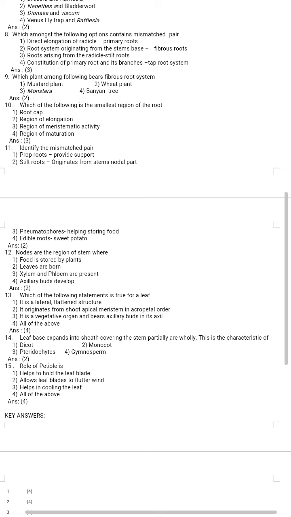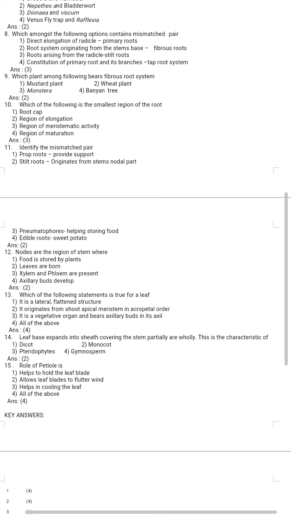Option 3: it is a vegetative organ and bears axillary buds in its axil. Option 4: all of the above. So students, we need to identify the true statements regarding leaf, but fortunately all three options are correct. So the correct option is option 4, all of the above.